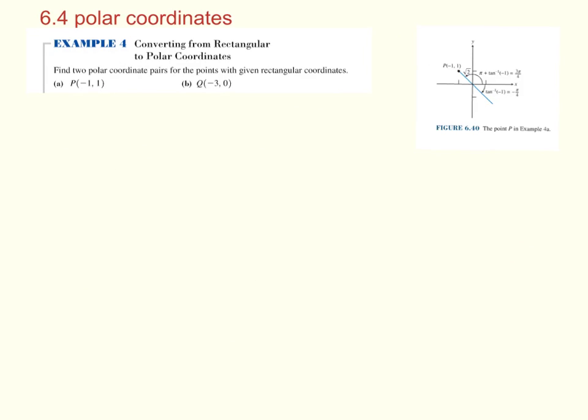So now we do part B in the equation, which is much simpler. I guess first off we can go ahead and get rid of that object, and when we look at part B, we realize that negative 3, 0 is going to have a distance of 3.